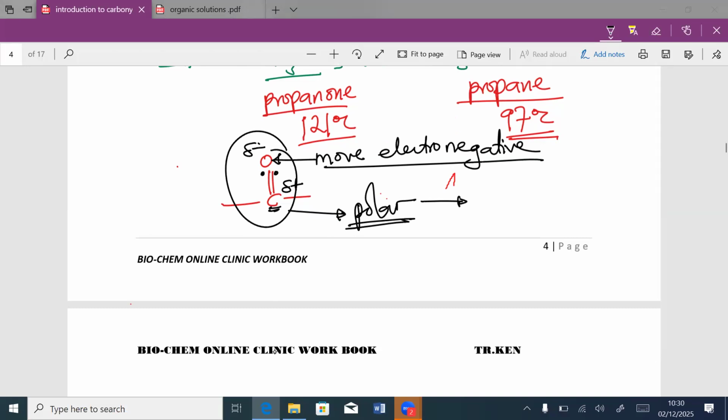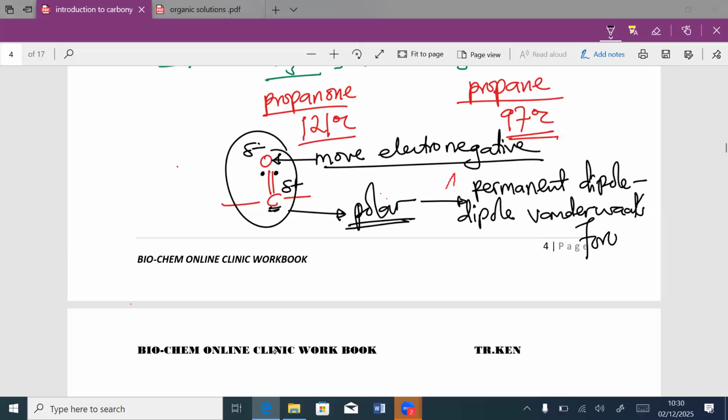And these forces of attraction are called permanent dipole van der Waals forces. So those molecules are going to associate by these permanent dipole van der Waals forces of attraction, which are strong and require a lot of energy to be overcome at a particular temperature.